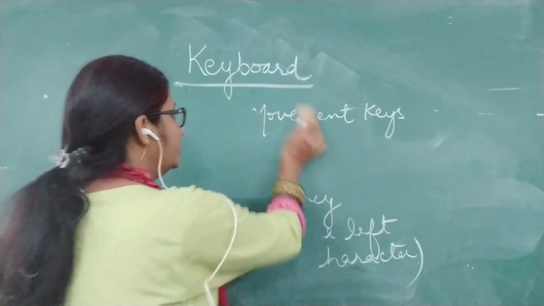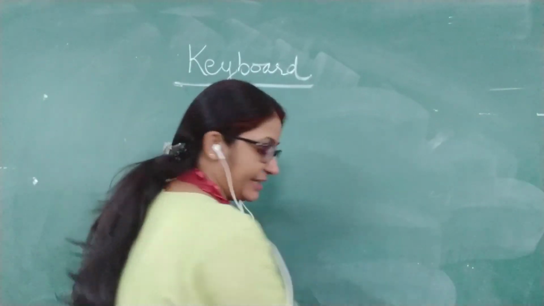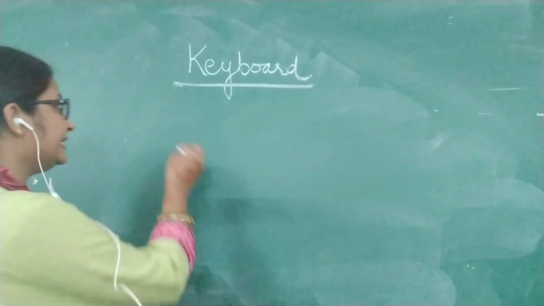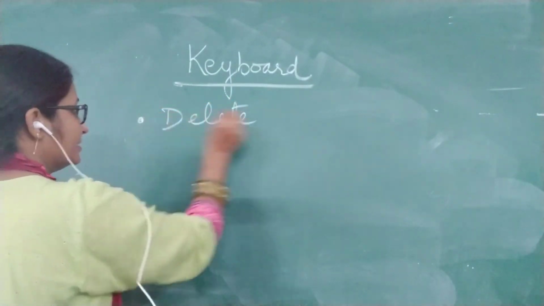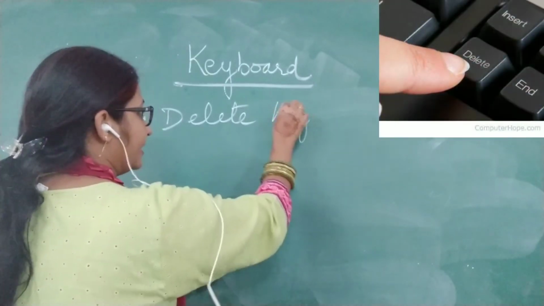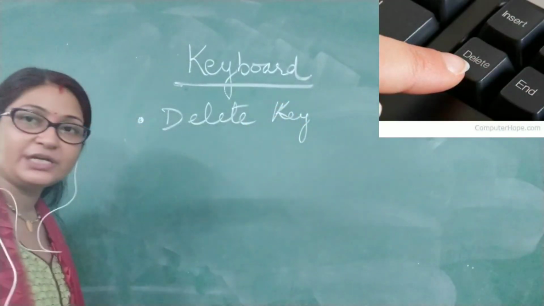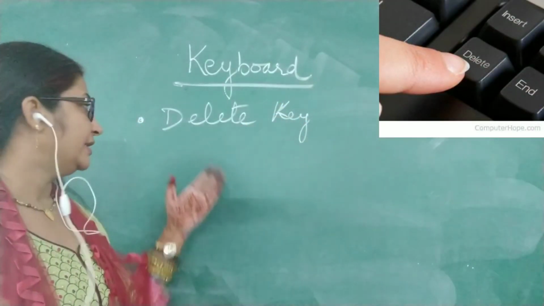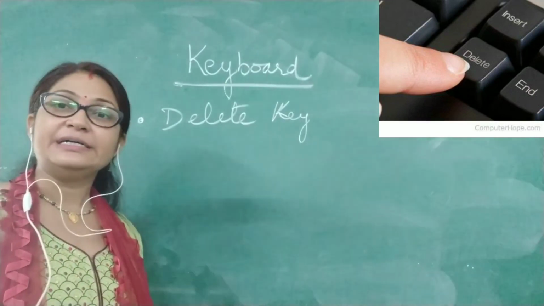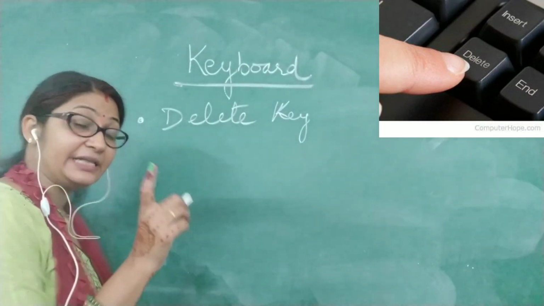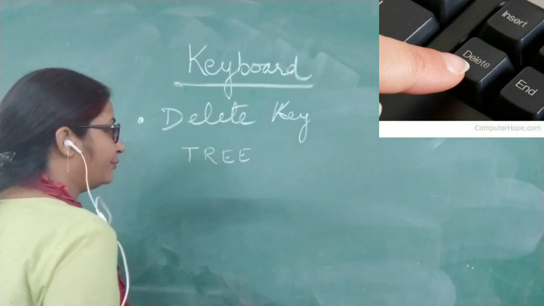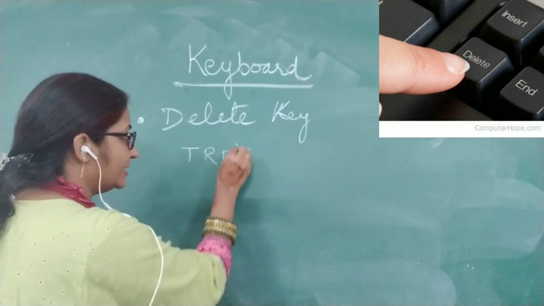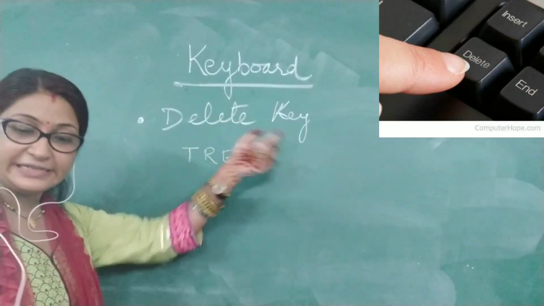Next we have the delete key. Again, if you want to erase something, you will simply press the delete key. But again, there is a difference. See, what is the difference? Again, I am taking the same example. Let's suppose my cursor is here and I press the delete key.